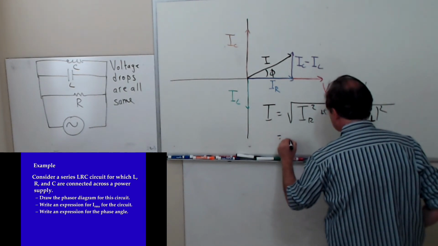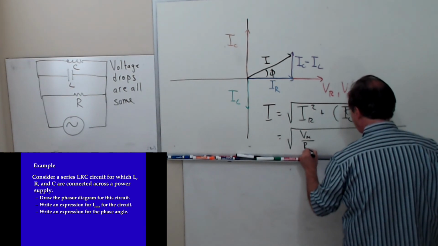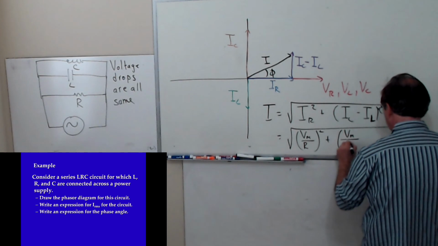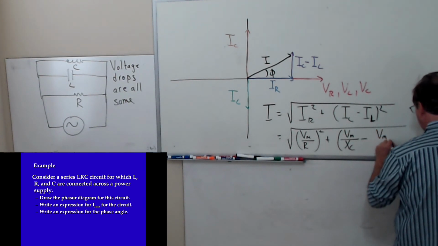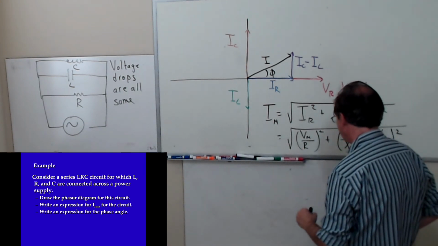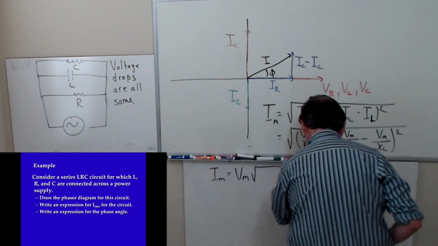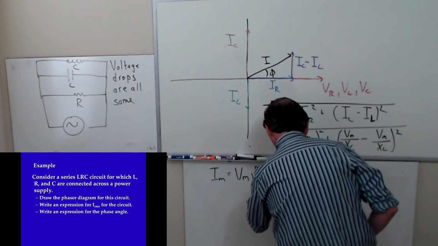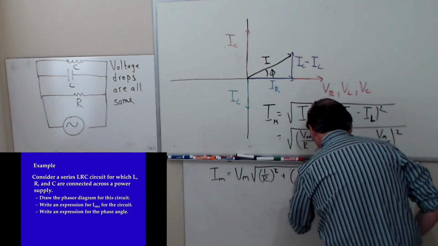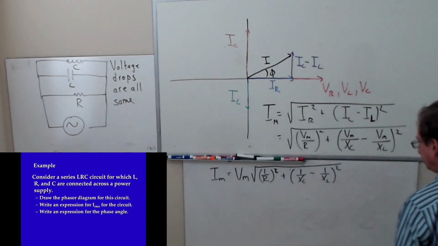And so we can write this as V of the power supply, V sub m or V sub s, over R. And then this one's going to be... and then you can factor out the V's. So that's I.